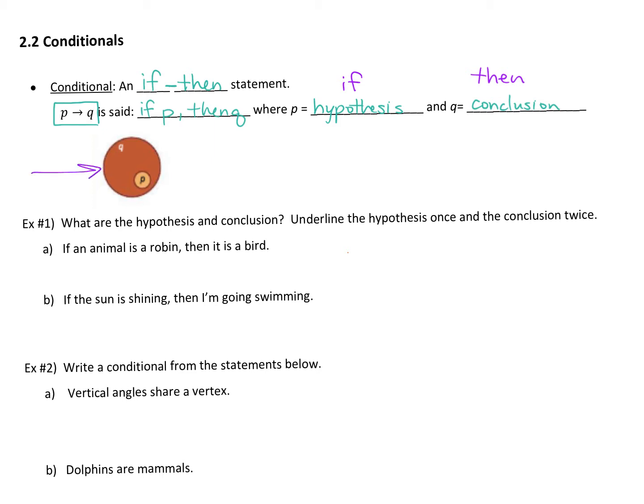Remember Venn diagrams? This is a Venn diagram of a conditional statement. It's saying if P, then Q, right? Basically, for instance, if P was, if you're in Mrs. Verhoeven's class, that's my P. My bigger thing is then you're taking a math class, right?